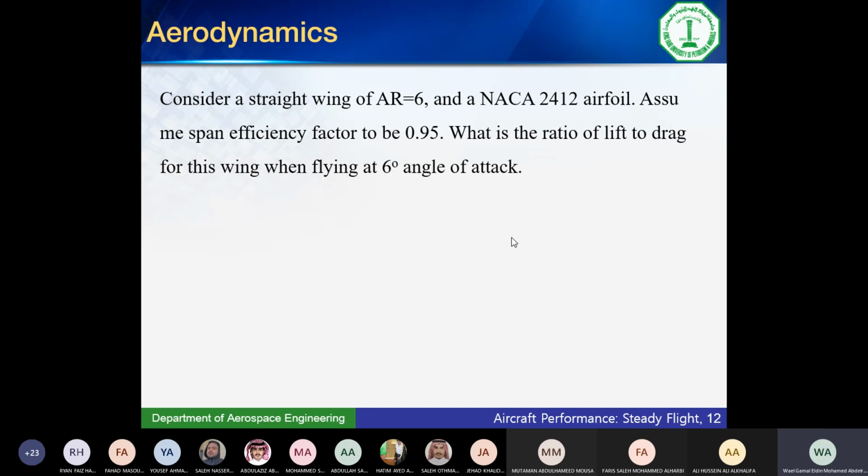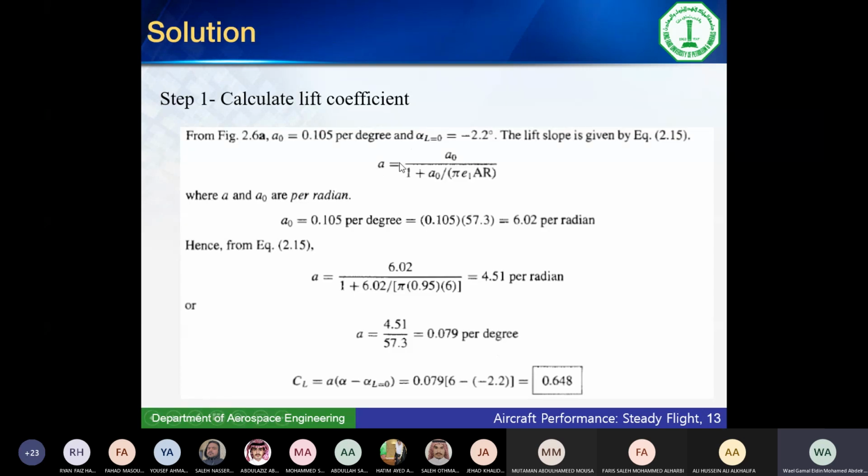Okay, so what I presented in the next slide is something that you have seen before, which is how to calculate the CL. I hope you still remember that from the quiz. To calculate CL, you need to calculate the slope, which is A, then multiply by the angle. So the slope A is equal to the slope of the airfoil divided by 1 plus a over pi e times aspect ratio.